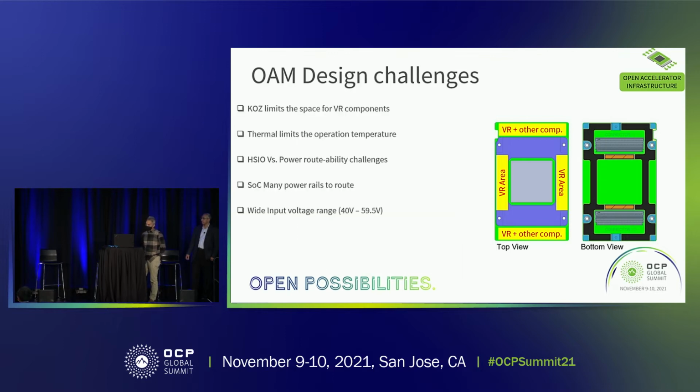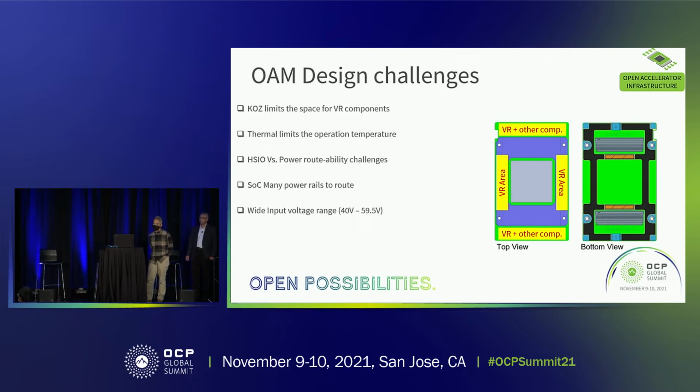Some of the design challenges we have with this particular module: the keep-out zone limits, which I talked about already on the previous slide. We're very limited in the four areas that are given for the power. Thermal limits are also very challenging for this module. It's expected to work in very stringent environments.